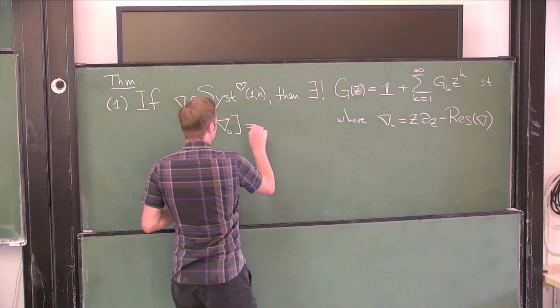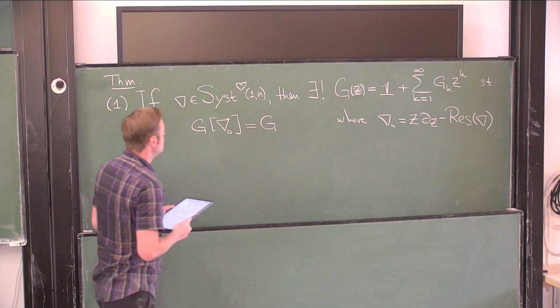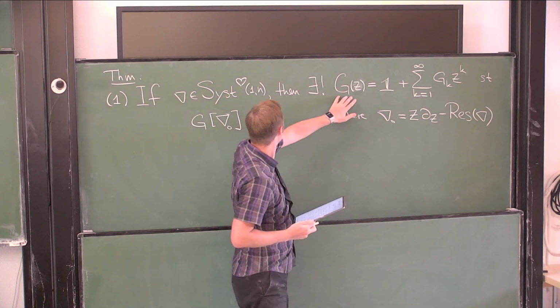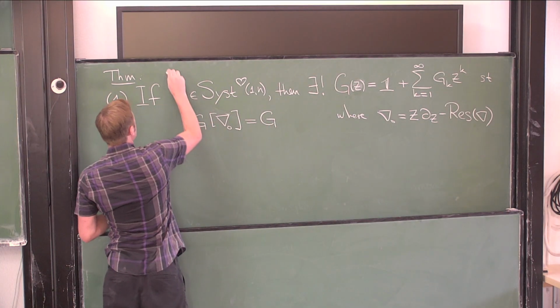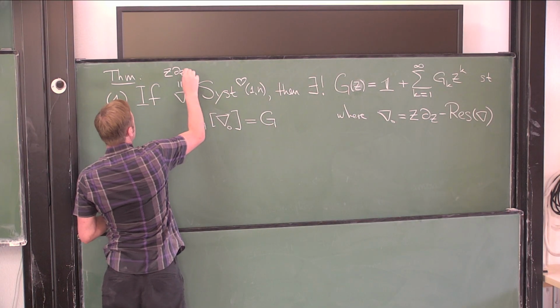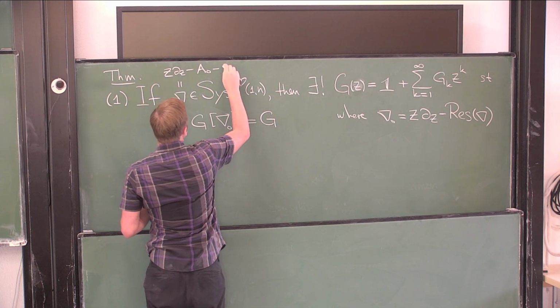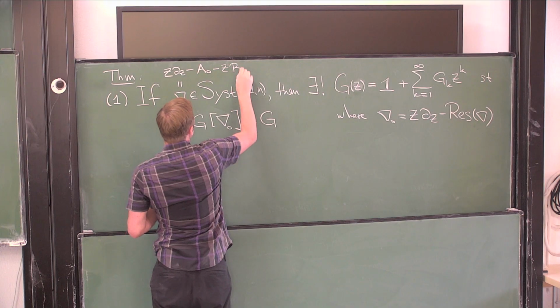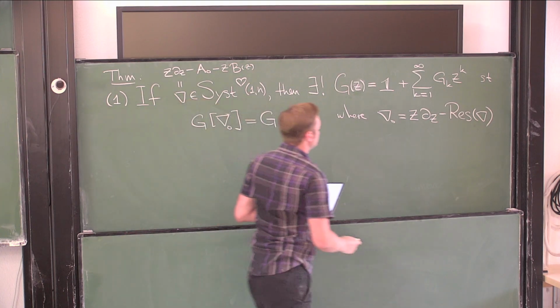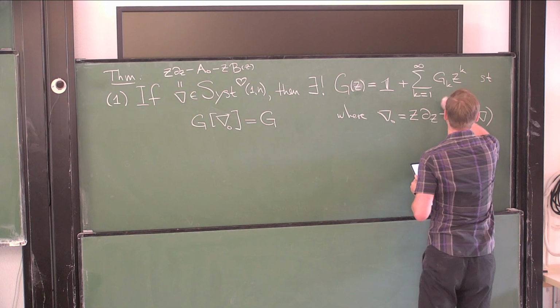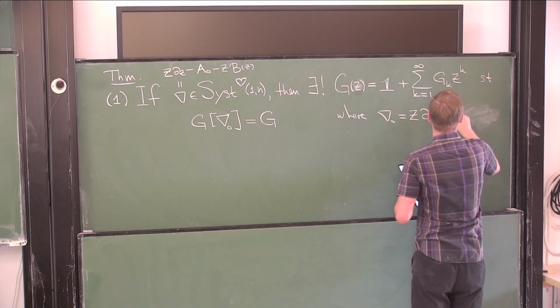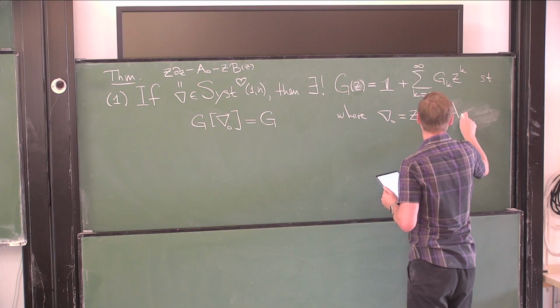So there exists a unique gauge transformation G. Maybe if I write this again, Z del Z minus A naught minus, what was it, ZB of Z. This is A naught.